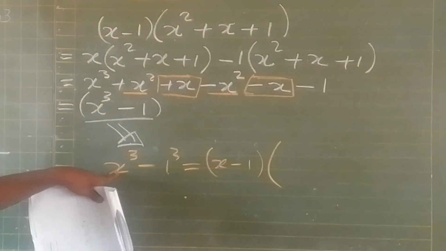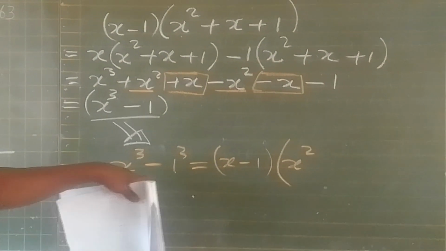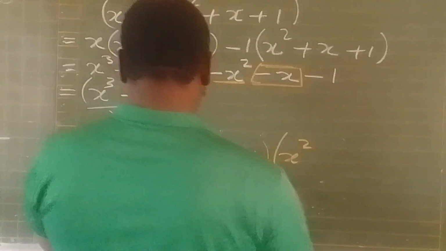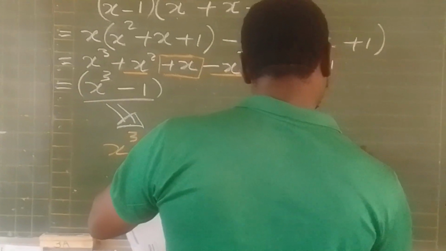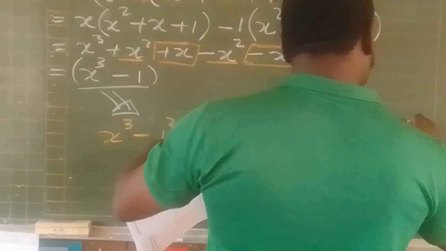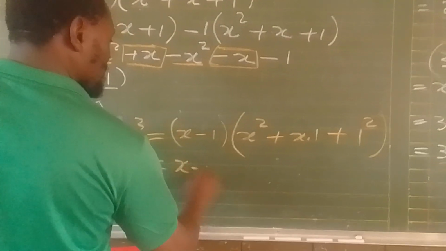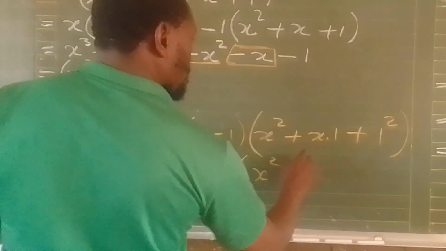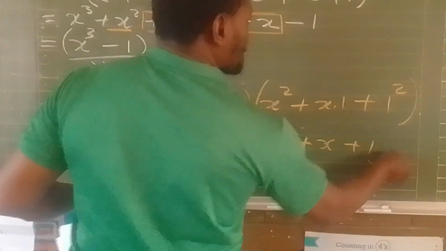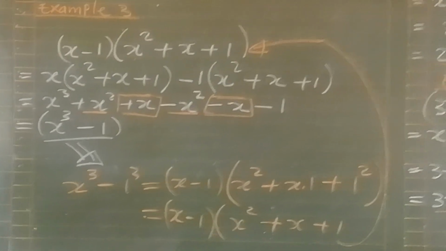You come and say x squared plus x times 1 plus 1 squared, which is x minus 1, x squared plus x plus 1. It points to the same point as that one.